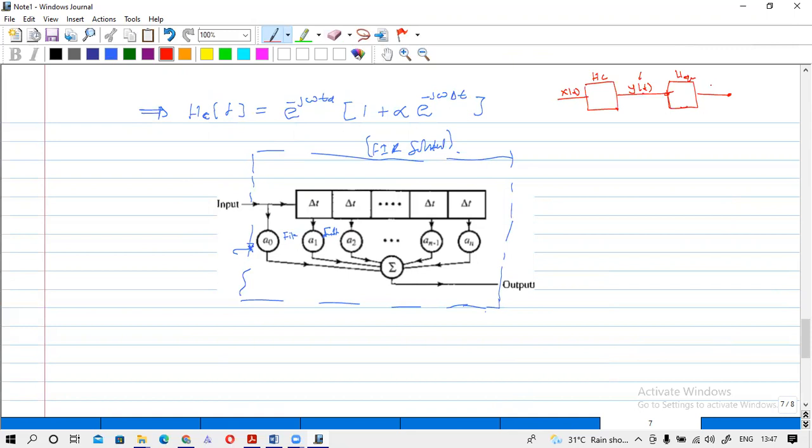Let's say it is y dash t. Now the input of the equalizer is y(t), and the output of the equalizer is y dash t. So this is our channel, and this is the equalizer.